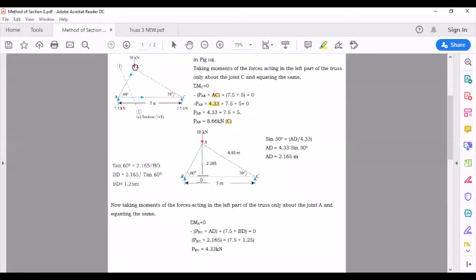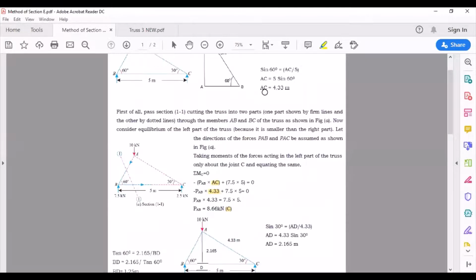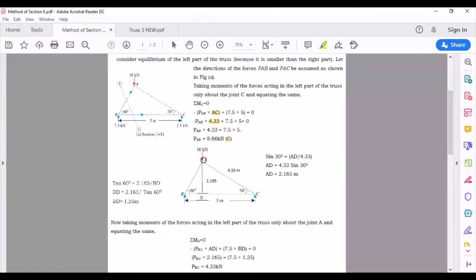Okay. So in triangle ABC, wherein you have angle B 60 degrees, this has 30 degrees, and AC is 4.33 meters, which you have already calculated. Now I will consider this triangle ADC, and I'm interested in calculating AD, which is the vertical distance. So this is 30 degrees. Sine 30 is equal to AD divided by hypotenuse.